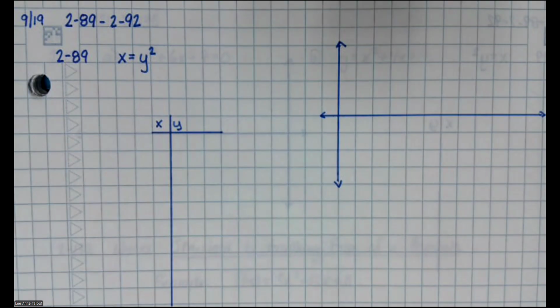So today, you know how on the block day, I taught you how to do things with the graphing calculator? Today is about two types of graphs that you can't graph in the graphing calculator. These two are non-functions, which means they're fancy.